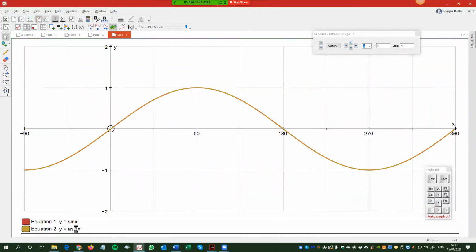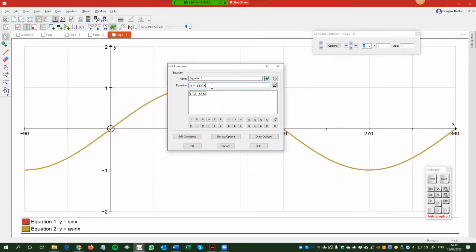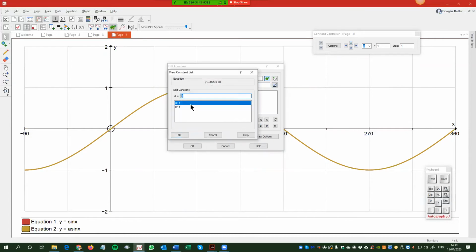Okay, I'm going to double click on this now. And instead of sine x, I'm going to do sine of x minus b. What's that going to do? I'm going to start off with b as 0. So b wants to be 0.